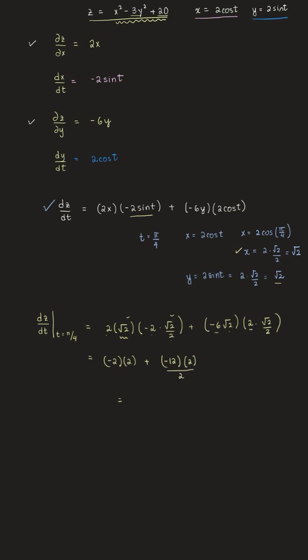So that gives us a negative 4 minus 12, because these two cancel, and we get a negative 16. So our derivative of z with respect to t is negative 16 at the moment when t is equal to pi over 4.